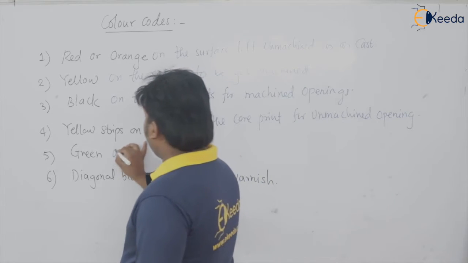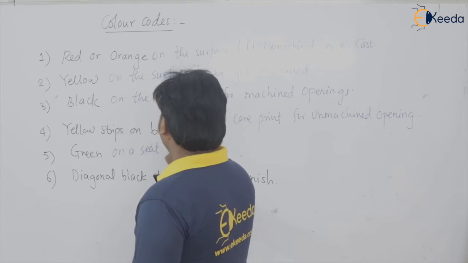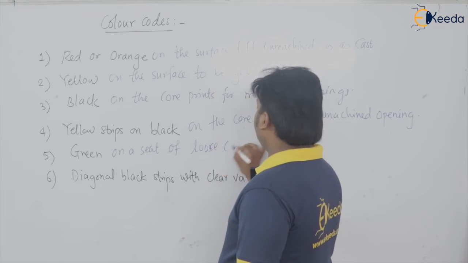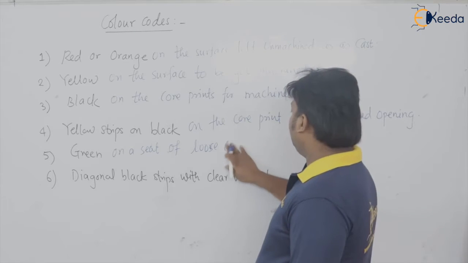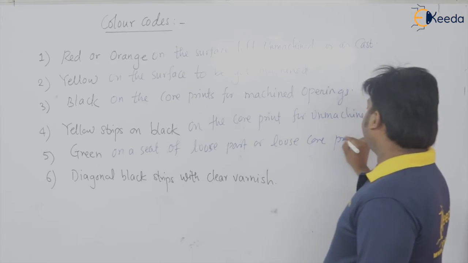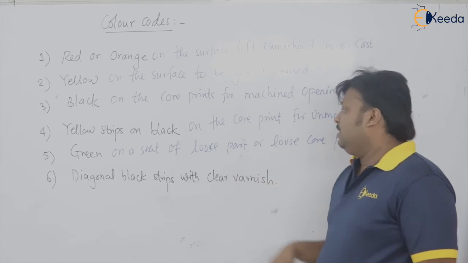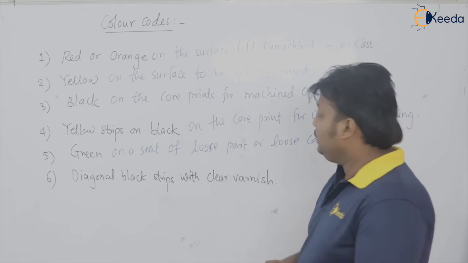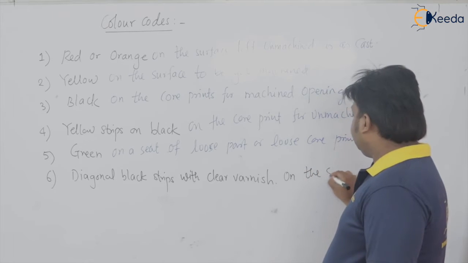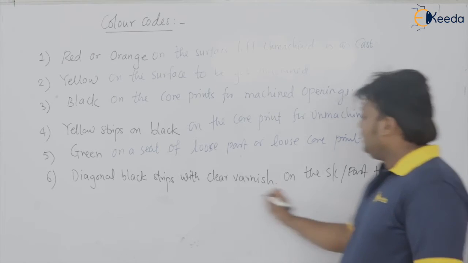So green is on the seats of the loose part, you can say loose part or loose core print, and diagonal black strips with the clear varnish is basically used for the parts on the surface or parts to be strengthened.